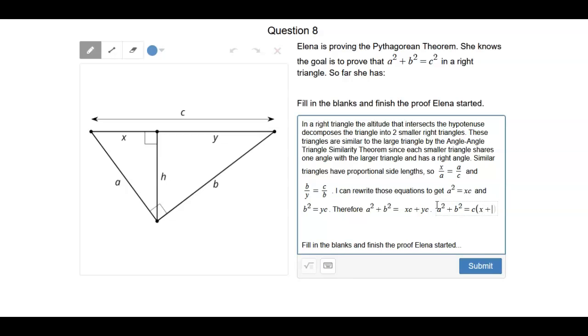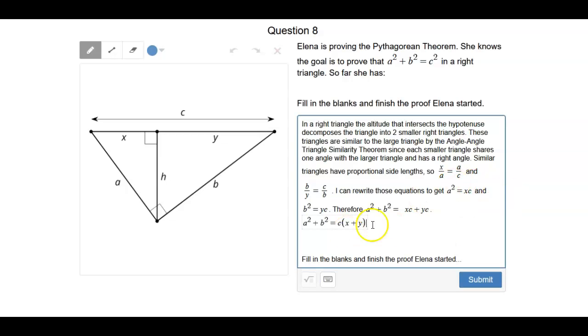So we have x plus y left over, so you can see that if we were to distribute this c back through, we would get xc plus yc. And we can see that x plus y is the same length as c. So we can substitute c in for this portion right here.